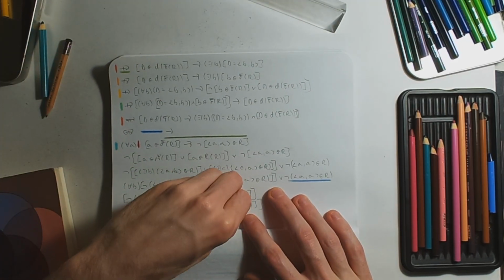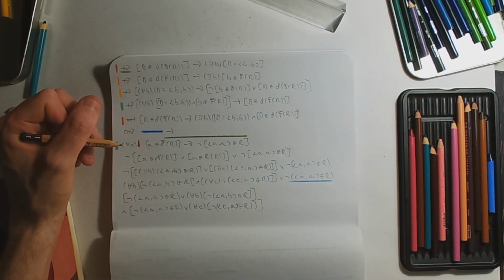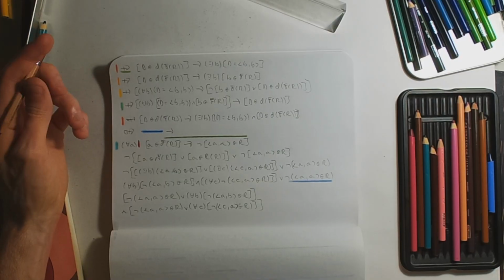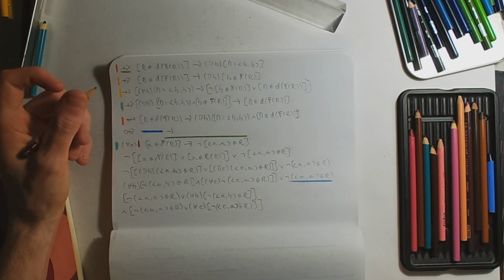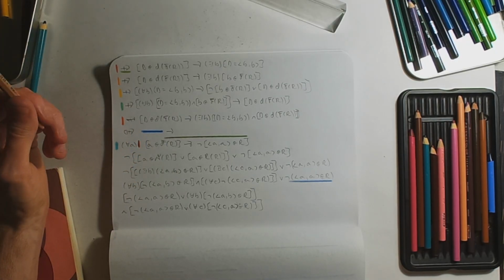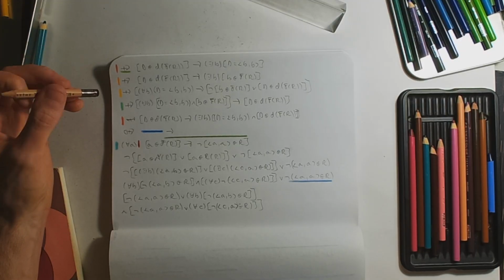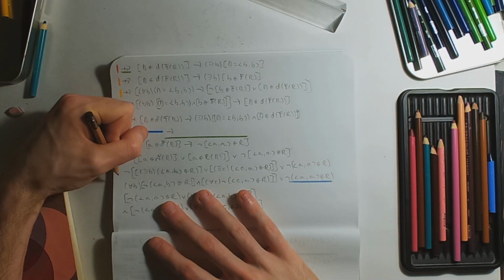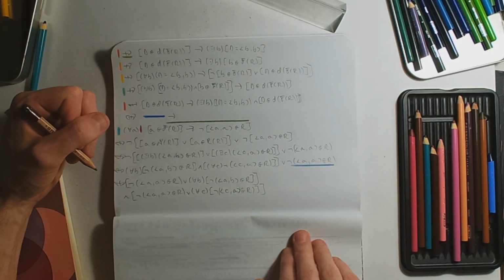So if we take the conditional equivalence, we can say if the ordered pair AA is an element of R, then for all B, not the ordered pair AB is an element of R, and the ordered pair AA is an element of R. Which is a contradiction.